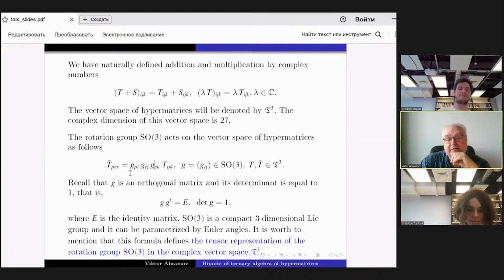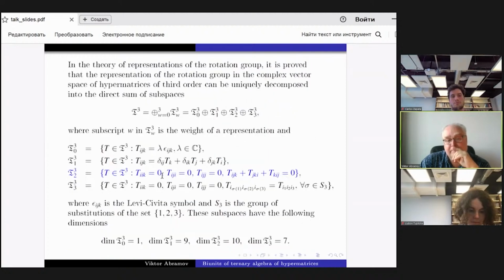So here we have a tensor representation for the rotation group. Now it can be uniquely split into these subspaces. And now here I will have a twice repeated irreducible representation of SO3. And if I want to distinguish the irreducible representations, then I have to split this subspace in turn into two 5-dimensional subspaces. How can I do this? This is not unique. So here we have several possibilities.